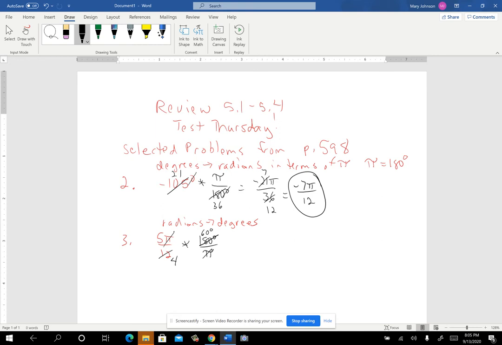Okay, now I can see that 4 would go into 60 completely and leave me just 15. Okay, so I have a 5 from here and a 15 from here. So I'm going to wind up with 5 times 15, which is 75 degrees. Of course, you could type in the 5 times the 180 divided by 12 and let your calculator do that as well. All right, so that's all they wanted on that one.